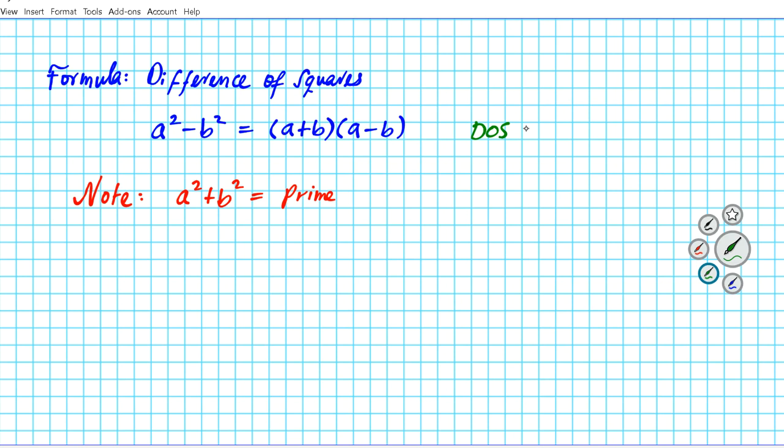When you have DOS, difference of squares, you can factor. When you have SOS, sum of squares, guess what? It's prime. What does prime mean? Prime basically means that it cannot be factored. So look out for this trick question in your practice problem set.